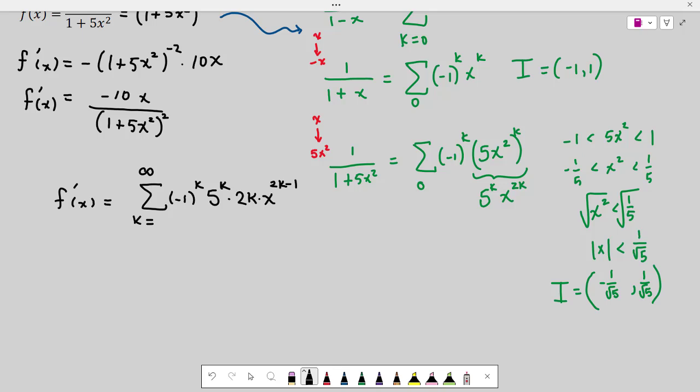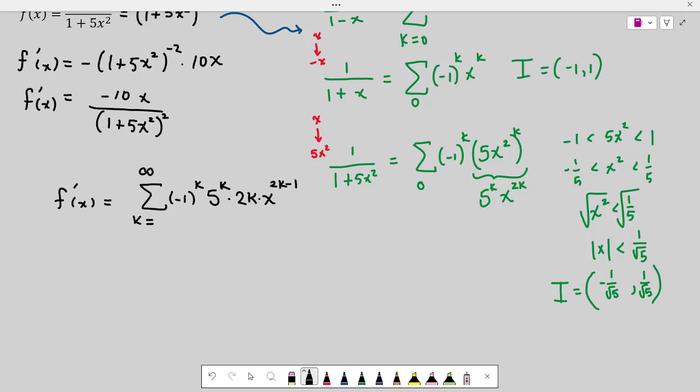When k is 1, you're going to be differentiating 5x squared, and that derivative is 10x. So our first non-zero term over here should be a 10x. And when we plug in a 1, this would be negative, so it should be a negative 10x. So we come over here. Obviously, 0 doesn't work, because we get a negative exponent on x. That's not a polynomial. It can't be part of a power series.